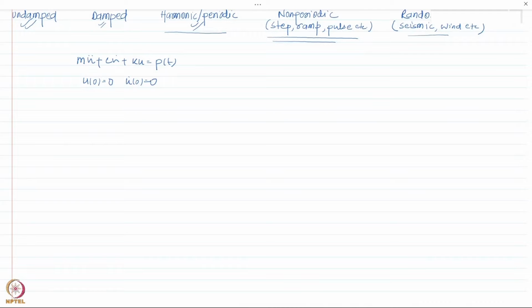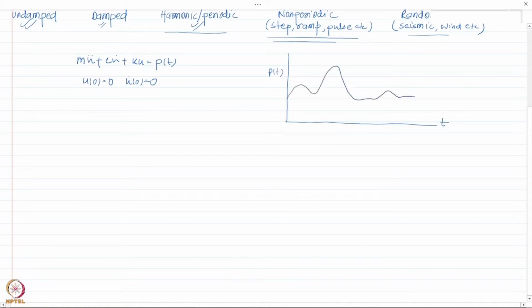So if you consider any arbitrary variation of p(t) with respect to time, let me just draw it like this, and then I need to find the solution or the response of this single degree of freedom system subject to this. Let us see how we do that.